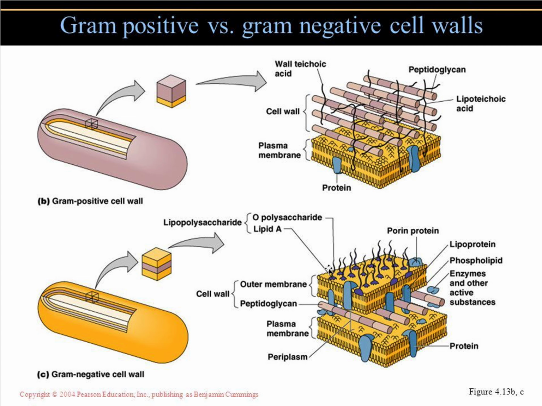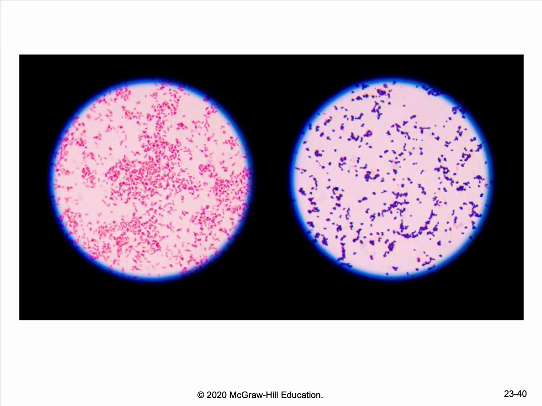And then the gram-negative has more fats. The phospholipid bilayer is lipids, and lipids are fats. Because it's not as protein rich, this one has less peptidoglycan and it stains pink. So this is how it would look under the microscope. This is a pink one, so we know that this is gram-negative, and this is purple, so this is gram-positive.